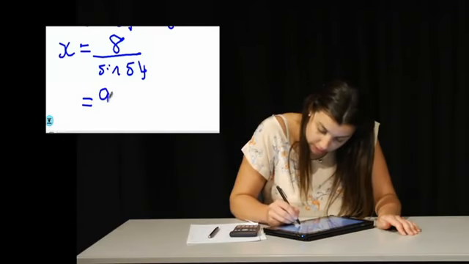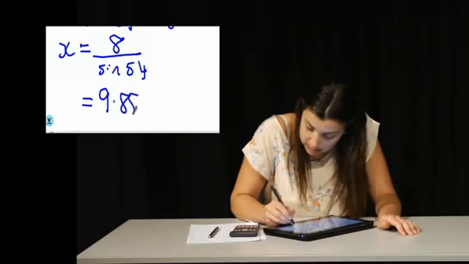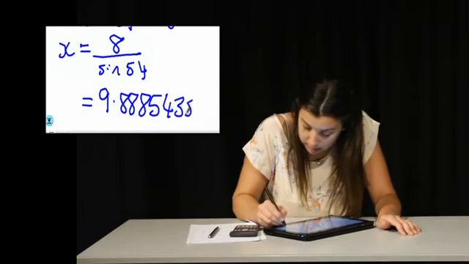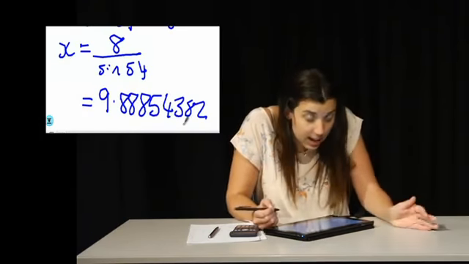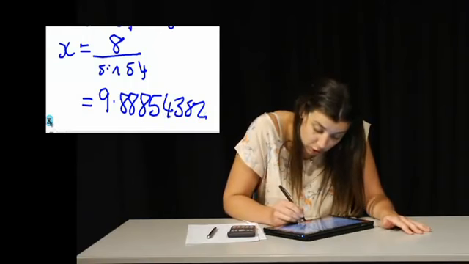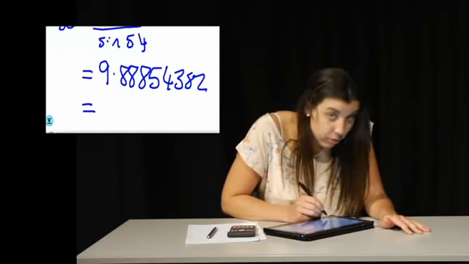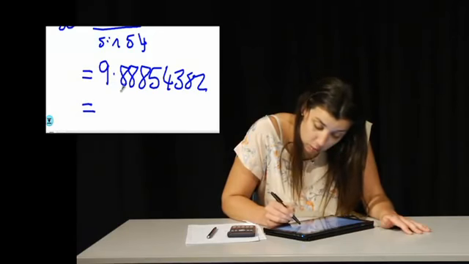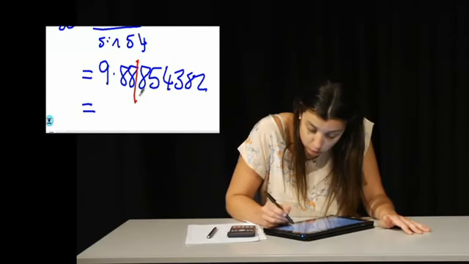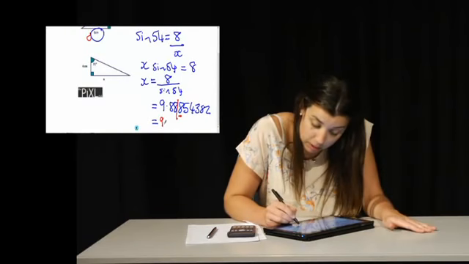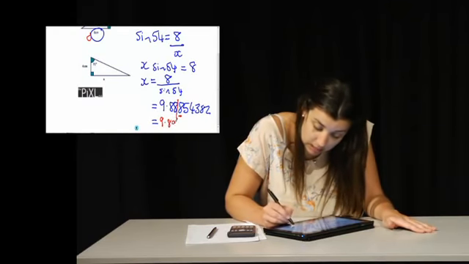And we have the answer 9.88854382. Bigger than 8? Yeah, so we're in the right region. Round that number to 3 significant figures like we have been doing. 1, 2, 3. Draw your line. 8's a big number, so the number before is going to go up. 9.89.